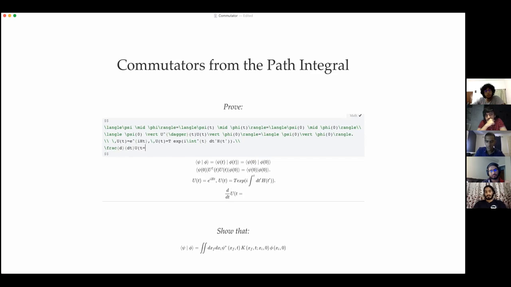Let me write it as H times u of t. There's probably an i. Now this time-ordered exponential is the most general solution to this first-order differential equation.